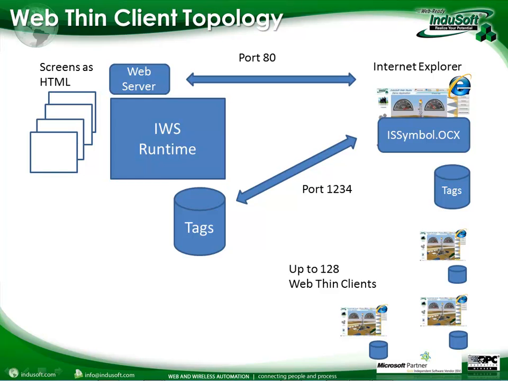So moving along here. We've talked about the server. This web server can be just about any web server. In fact, there's one built in for testing into InduSoft Web Studio, which we'll quickly cover. But you should not use that in a production environment, especially not connected to the real world internet, because of security issues and performance issues.